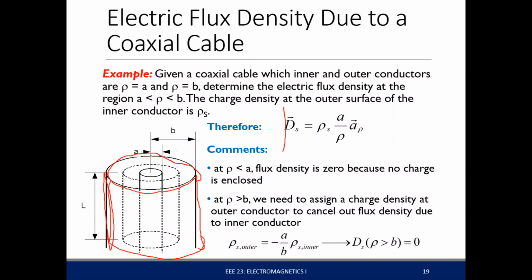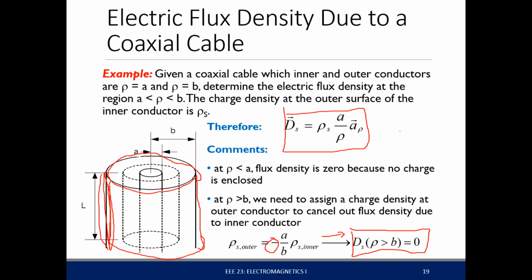So basically just evaluate this with respect to rho equal to b, because that is the radius of your imaginary Gaussian surface. So that is rho s a over b, and that is now the charge density of your outer conductor, but it should have an opposite sign. Okay? So this results in a flux density outside your coaxial cable equal to 0.